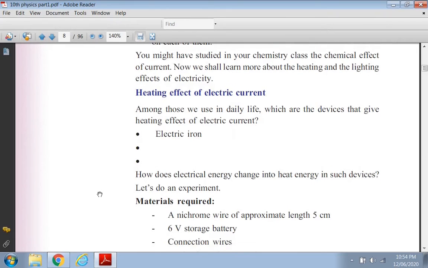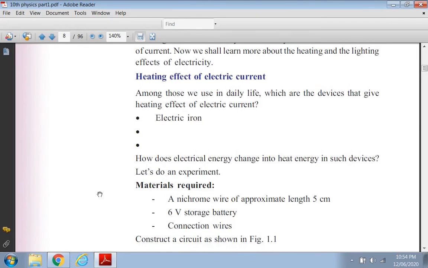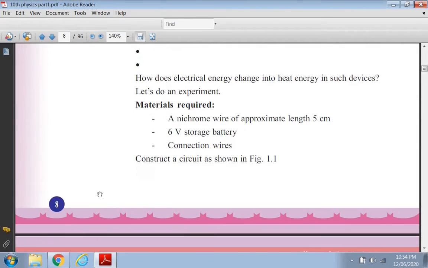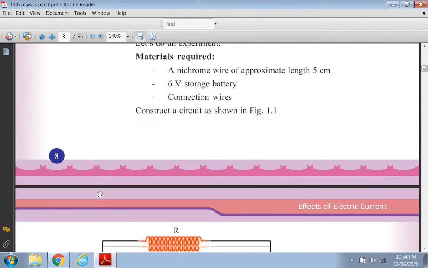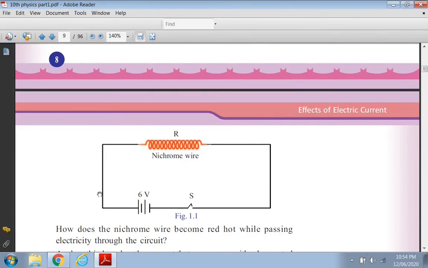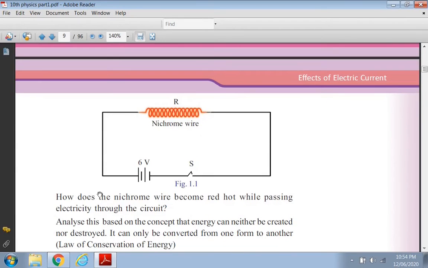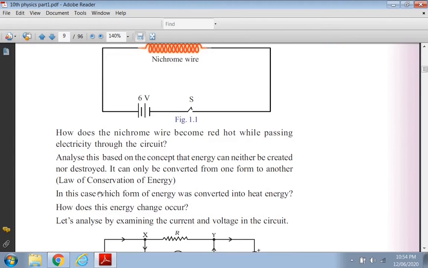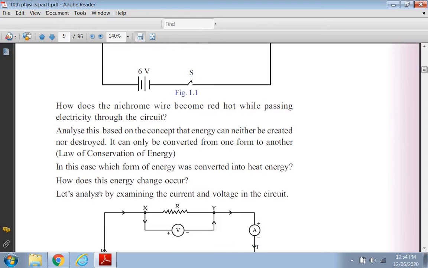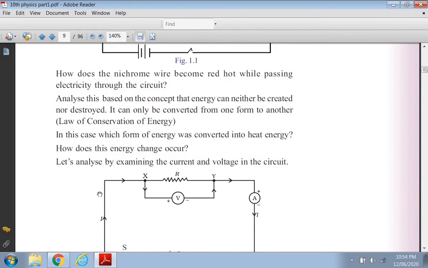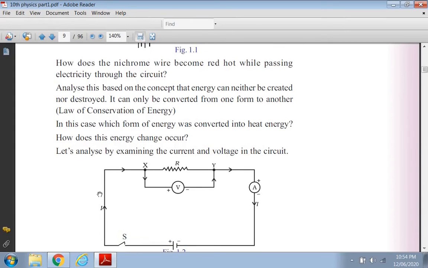Let's do an experiment using a nichrome wire, a 6-volt storage battery and some connection wires. See, the nichrome wire, represented by the letter R, is connected to a 6-volt battery. After passing electricity for some time, the nichrome wire becomes red hot. What kind of energy transfer happens here?